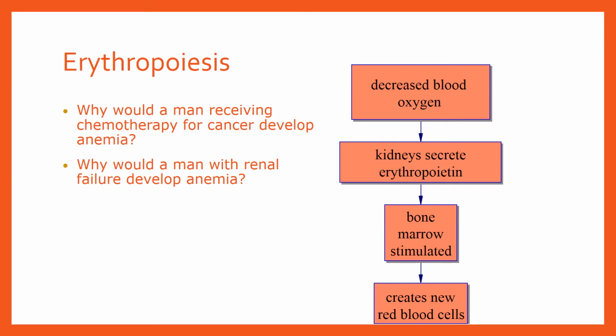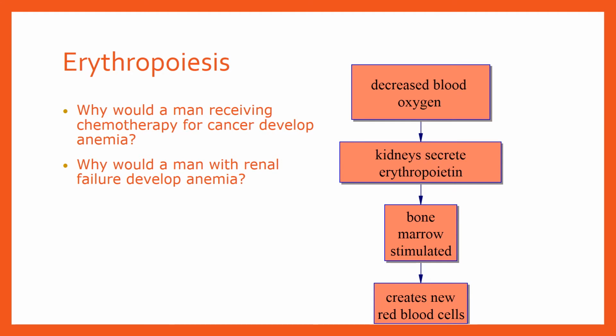Erythropoietin stimulates bone marrow to produce red blood cells. Of course, erythropoietin is for red blood cells, thrombopoietin is for platelets. When bone marrow is stimulated, it results in creation of new red blood cells, which are initially reticulocytes and then mature red blood cells.